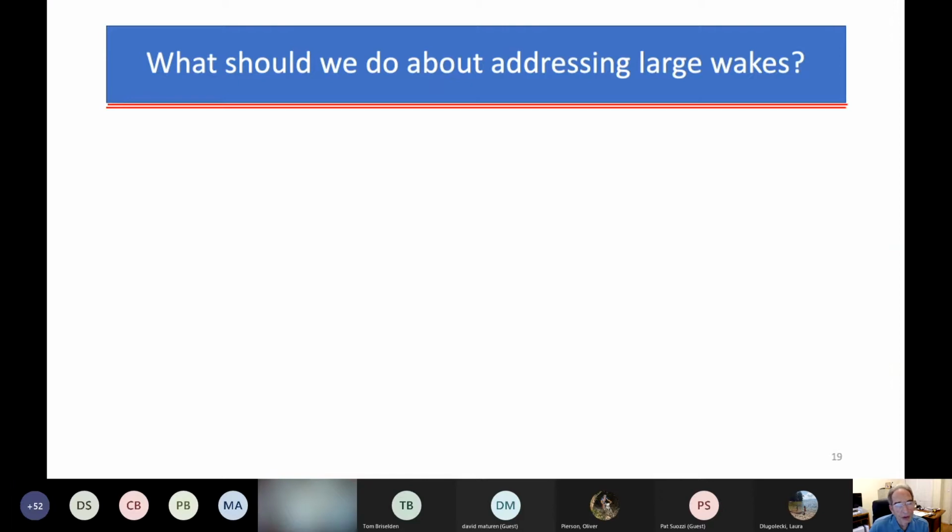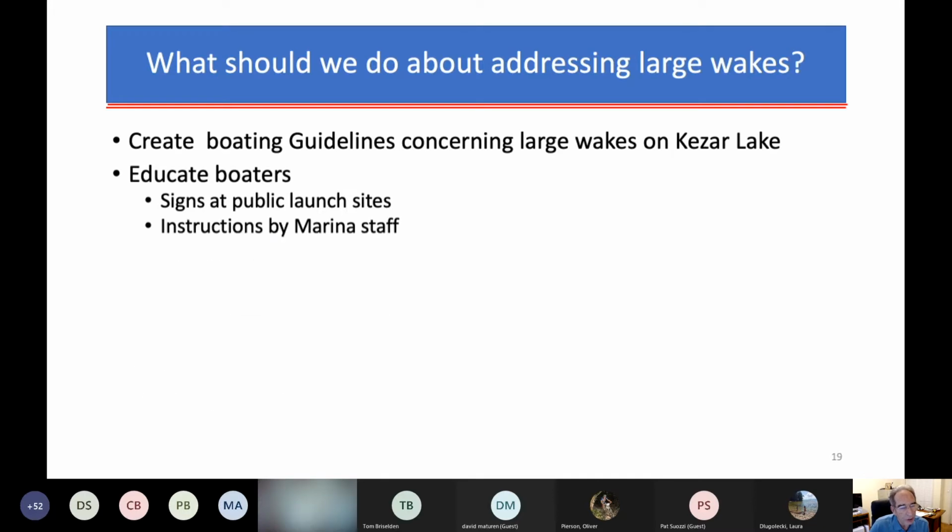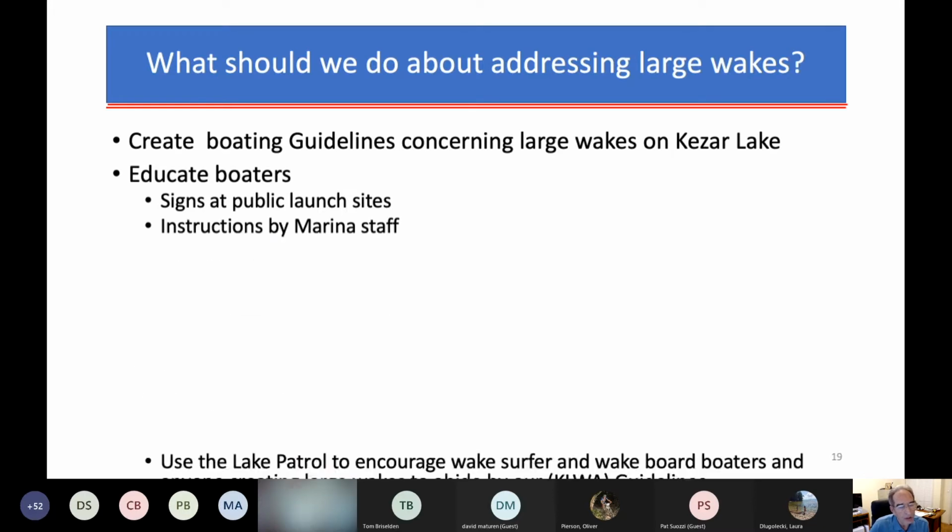So what should we do about addressing large wakes? To create some guidelines concerning these wakes on our lake, educate the boaters. We have signs at the public launch sites, instructions by the marina staff.